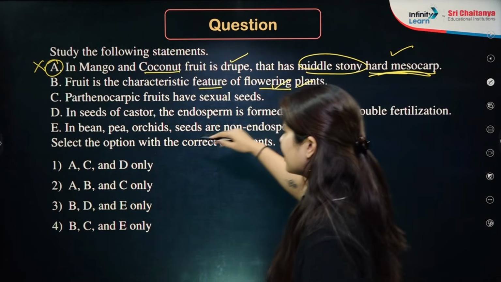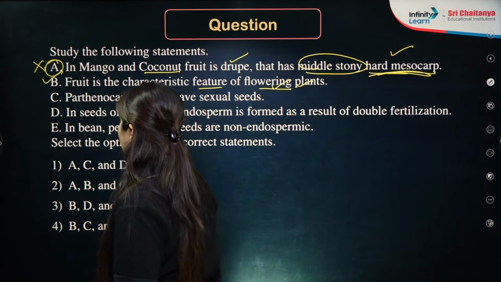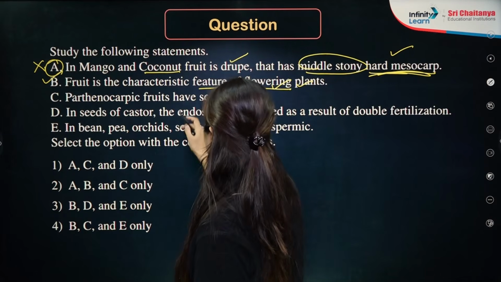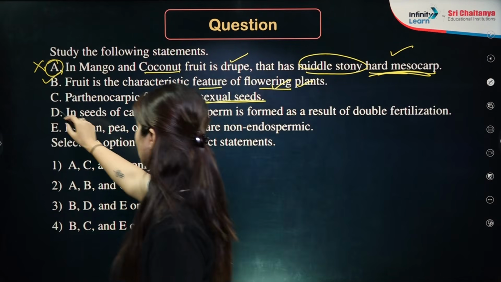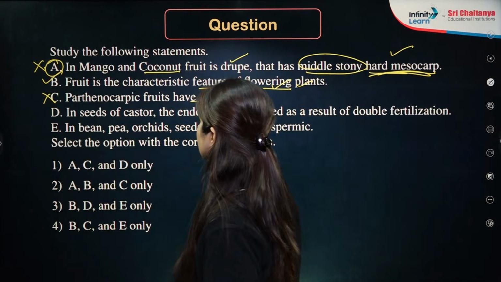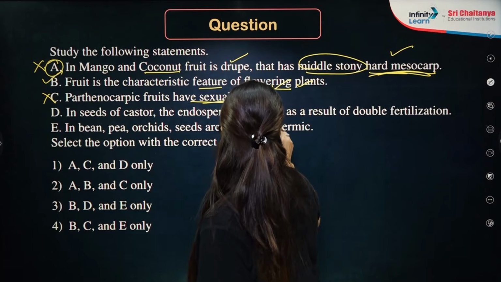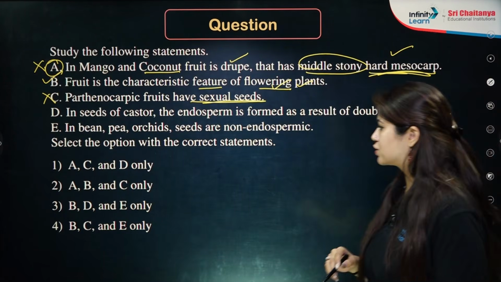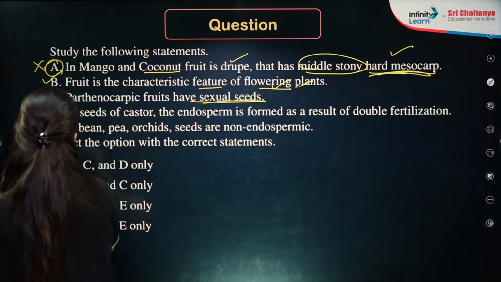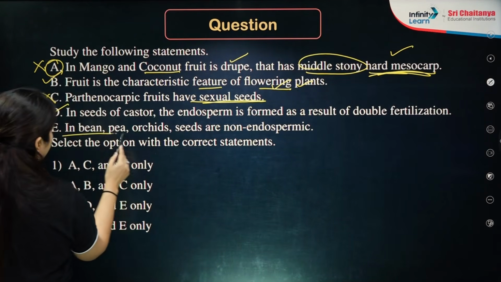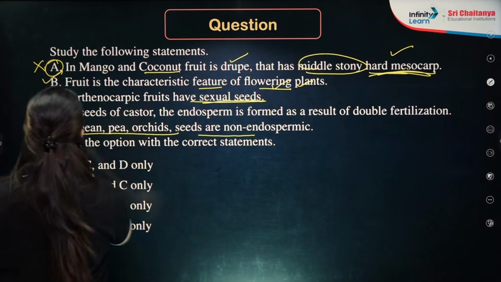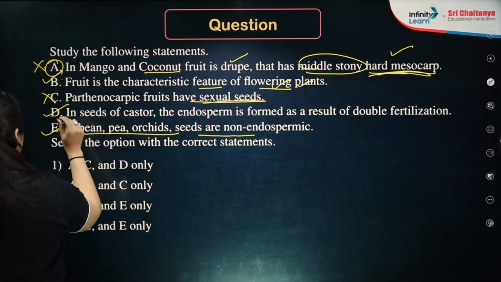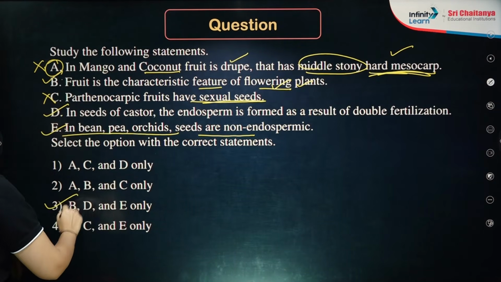Yes, in the flowering plant, flower will be there and hence fruit will also be there. Parthenocarpic fruit have sexual seed. No. In seeds of castor, the endosperm is formed as a result of double fertilization. Okay, this is perfectly correct. Then we have in bean, pea, orchid seeds are non-endospermic. So B, D and E are correct.